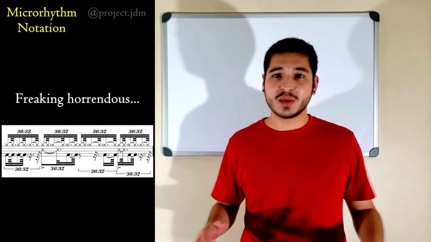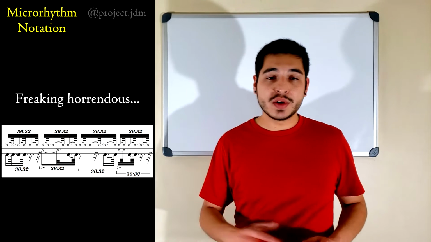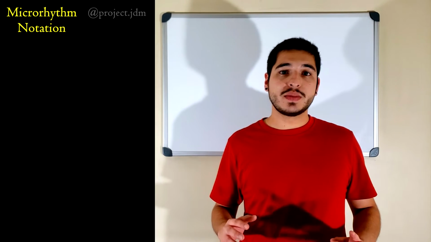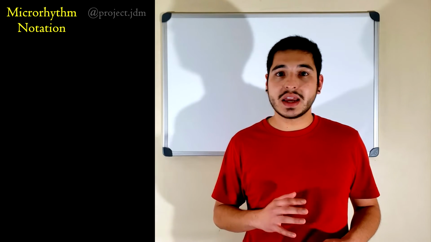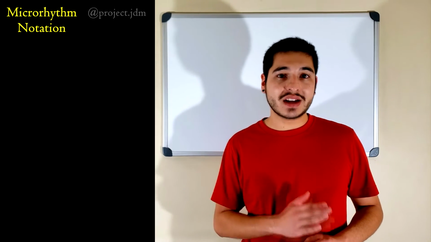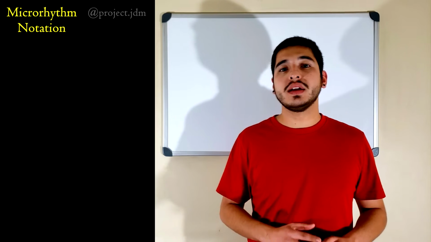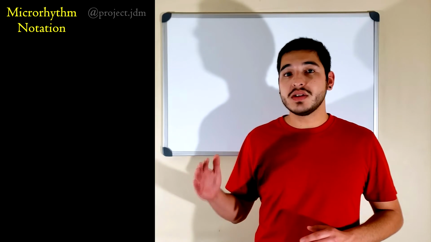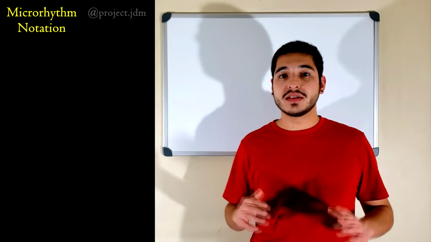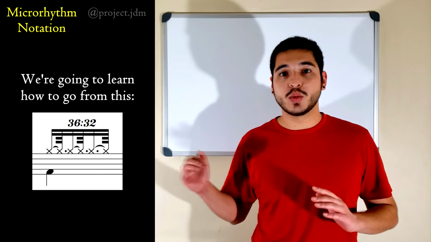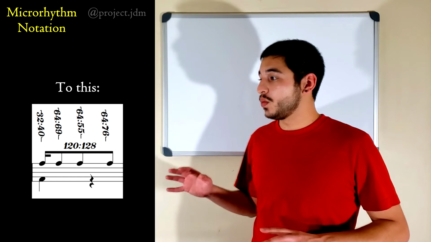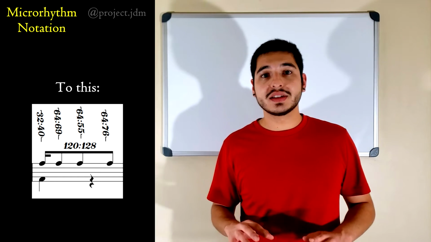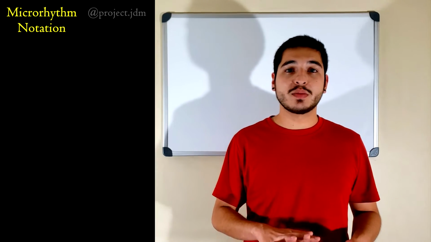Even though I'm talking about all this in terms of music, this is actually going to be a math-heavy lecture, and I'm going to do the best I can to explain how everything is tied to music every step of the way. The end goal of this lecture is to explain how these complex microrhythms work and how to notate them in the simplest way.